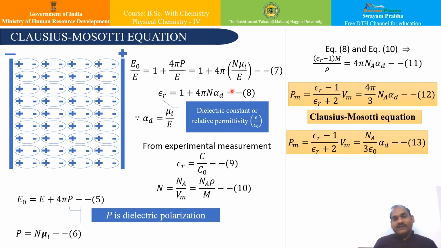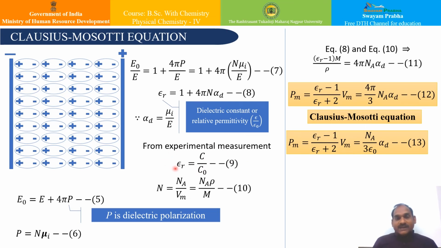Now in this equation 8, we find the expression for the dielectric constant, or relative permittivity, epsilon r. This relative permittivity can be measured experimentally by taking the ratio of the capacitance of the condenser with the medium and with vacuum respectively as the dielectric between the plates, that is epsilon r is equal to C upon C0 from experimental measurements.